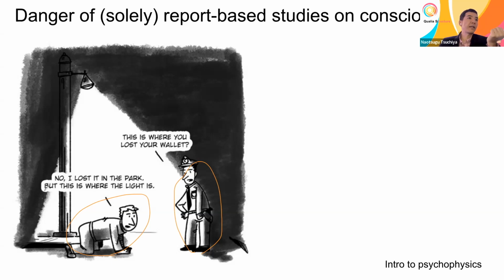And basically he says, I know I lost it in the park, right? So you should look for the wallet in the park, but because the light is there, he is looking at the place where he can search. This is a kind of metaphor that I think is quite prominent in the behavioristic approach to consciousness.